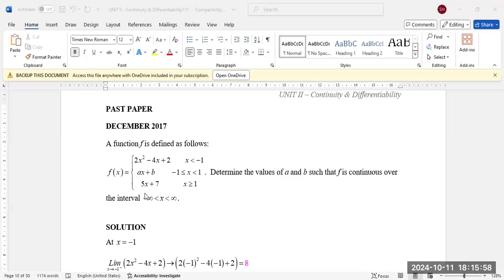Ours is a task to find the value of A and the value of B to make that work every single time.